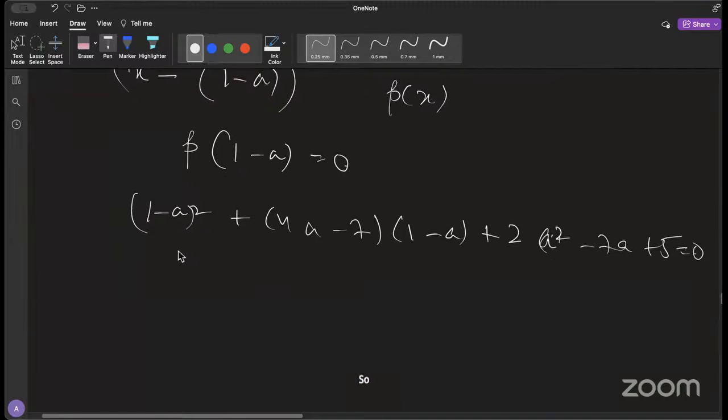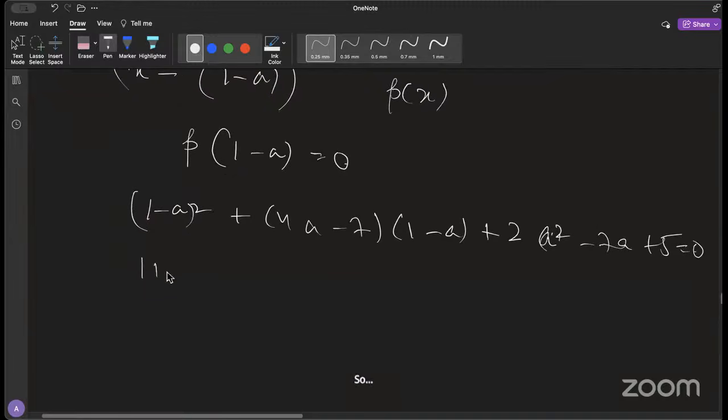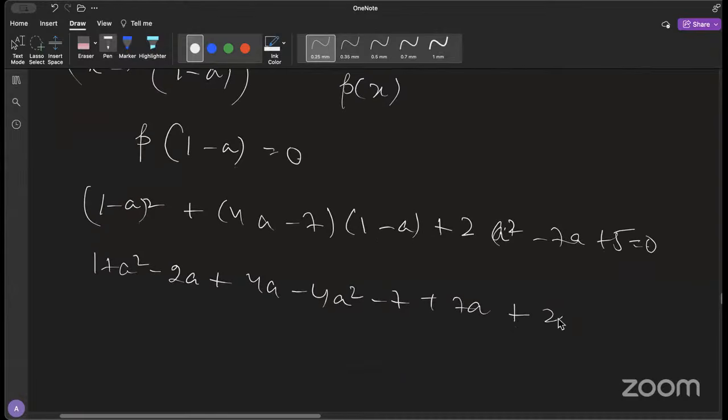So this is 1 plus a square minus 2a plus 4a minus 4a square minus 7 plus 7a plus 2a square minus 7a plus 5 equals 0.